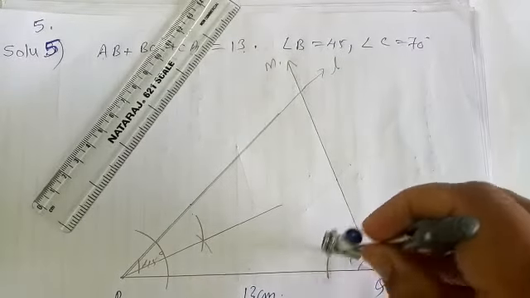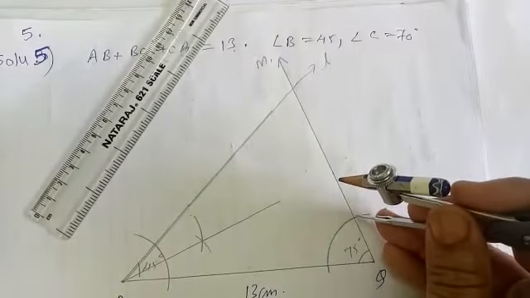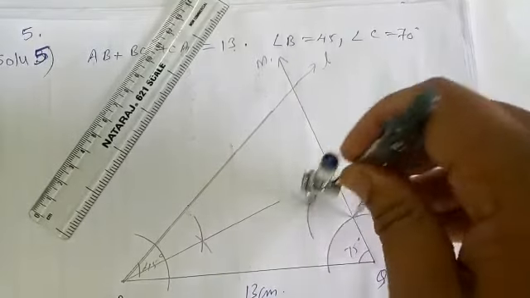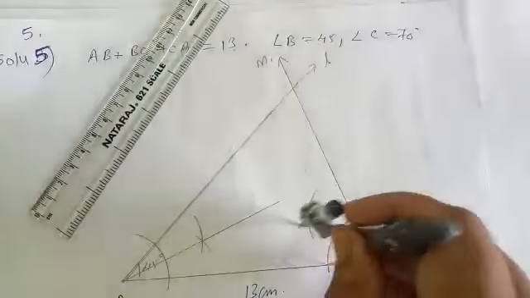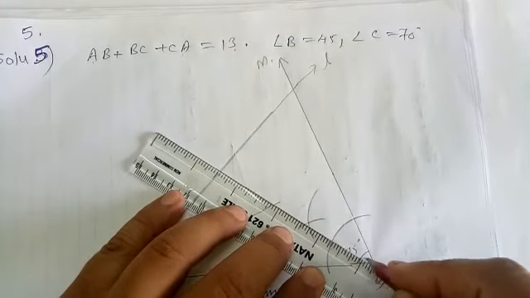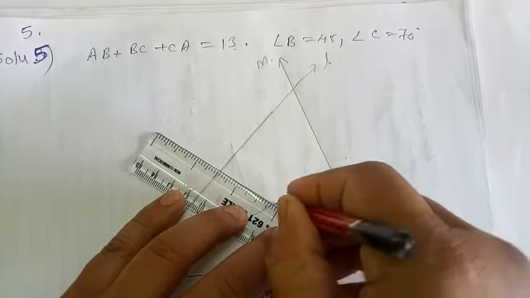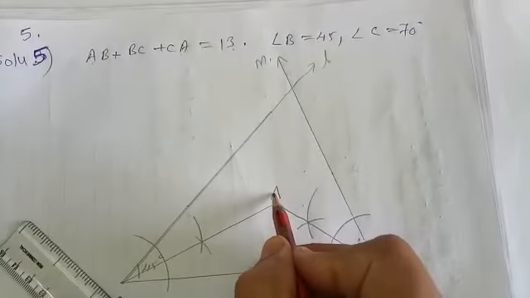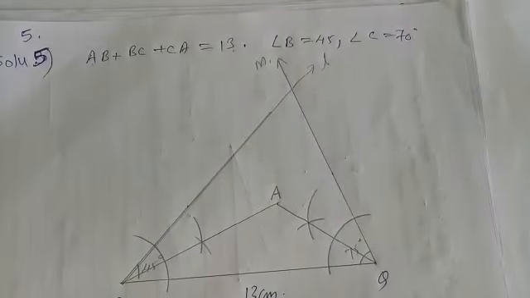Now you bisect angle Q, that is 75 degree. Both bisectors will intersect. Name it point A.